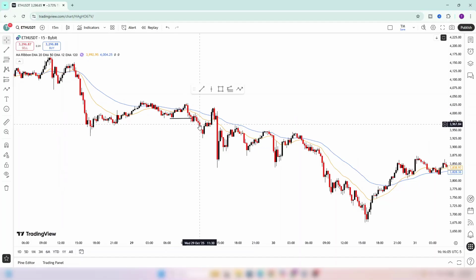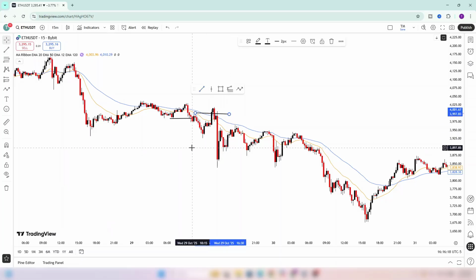After we have our trend change, we have a little short-term swing high at this point. You have to mark that swing high. Remember, it's kind of near the 20 EMA.